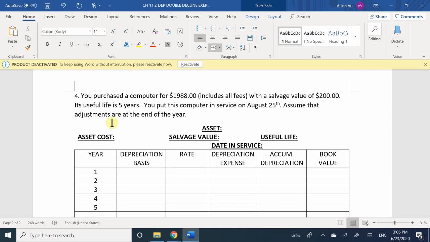Okay, so let's go ahead and fill out the information. What kind of asset do we have? A computer. Yes, we bought a computer. C-O-M-P-U-T-E-R. All right. How much did our asset cost us? $1,988.